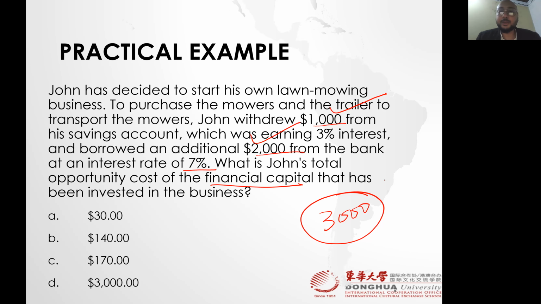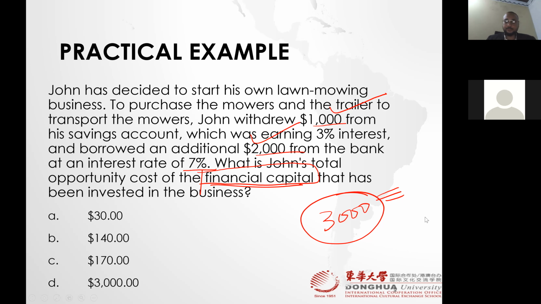Does he have to pay right now? No. The cost of financial capital is the interest. So how much is that? Can anyone comment on that? Marco: it's $30.